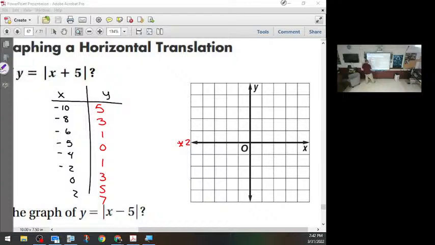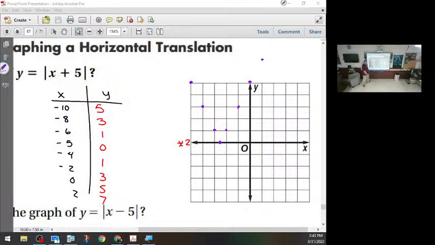Then, -10, 5. -8, 3. -6, 1. -5, careful, it's halfway, 0. -4, 1. -2, 3. 0, 5.